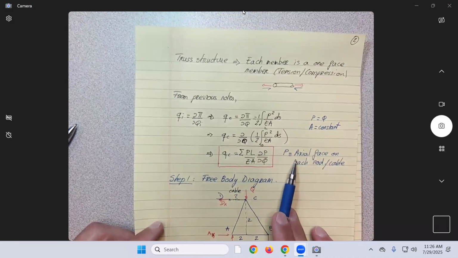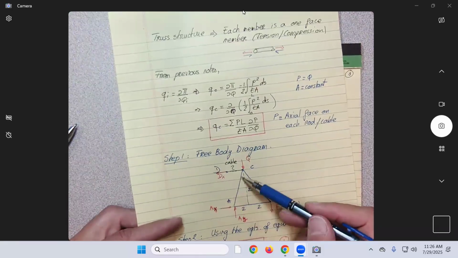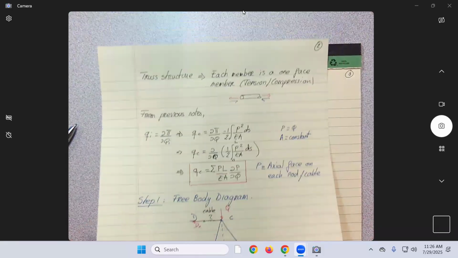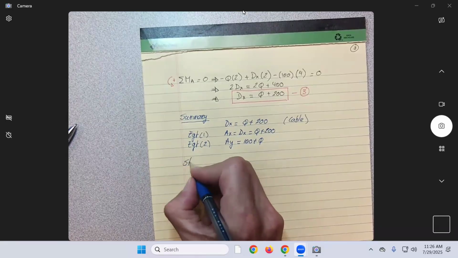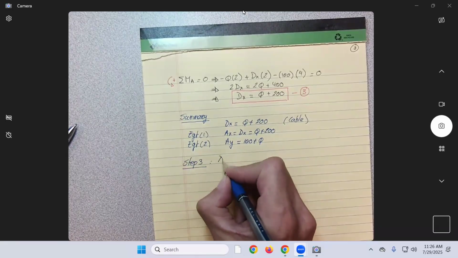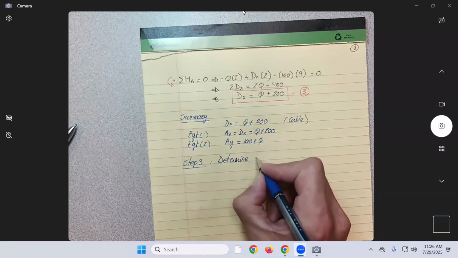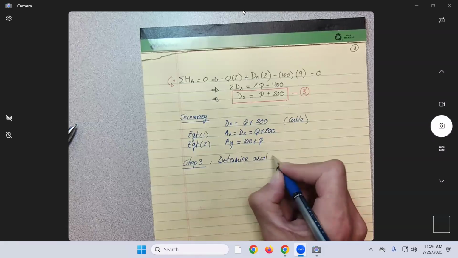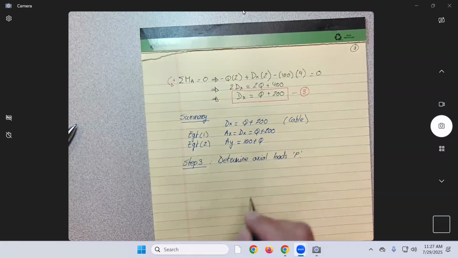P is the axial force on each one of the members. So we need to find what is the axial force on each one of these members. So let's see, from statics, what is the method that you use? So step 3, determine axial loads P.